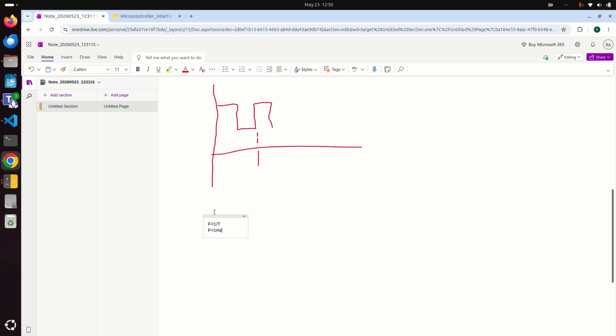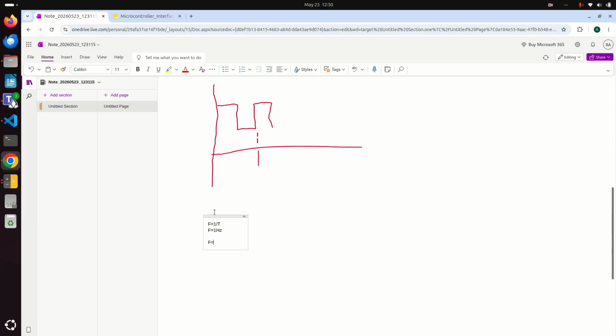Now how to get the continuous output? We don't want toggling, so we need to increase the frequency of the pulse. Let me change the time to millisecond. Now we have the frequency formula.